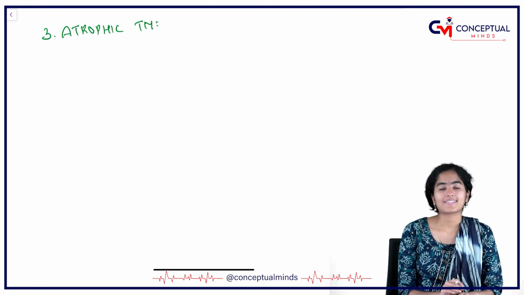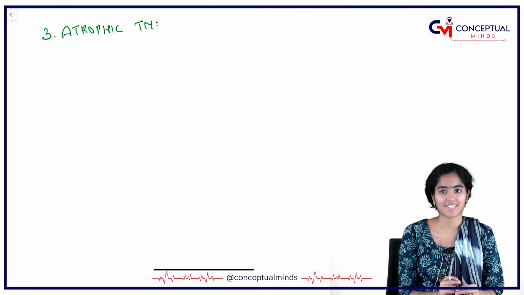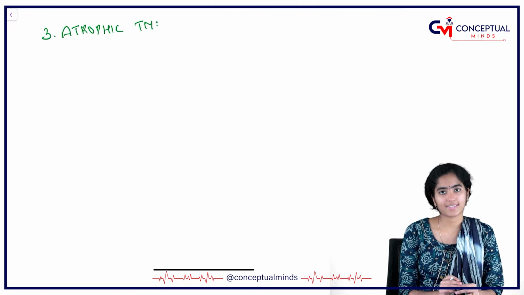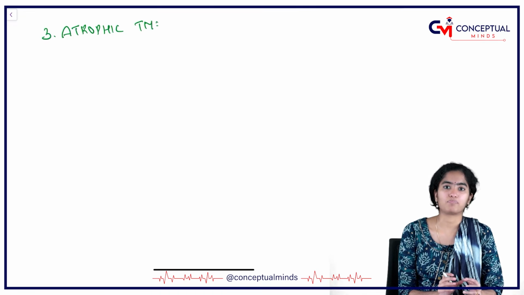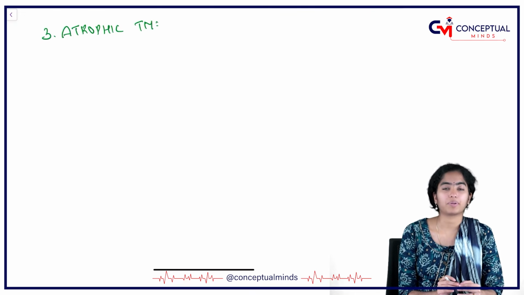This can happen in serous otitis media where the eustachian tube is not functioning properly. In eustachian tube insufficiency, the middle fibrous layer gets absorbed, and when the fibrous layer is absorbed, the tympanic membrane becomes thin and it can easily collapse.